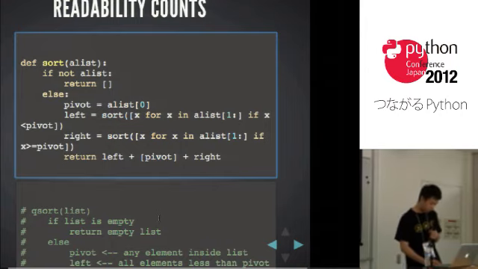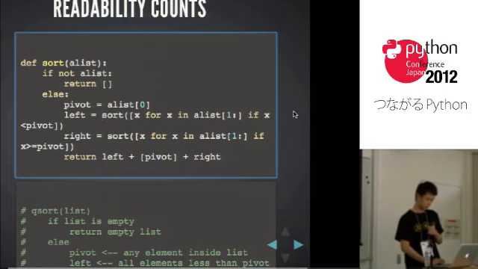But if you are a Python developer, then you might realize there's a problem with this simple sorting algorithm, which is you have to generate two lists here, and you might think it's not very efficient.